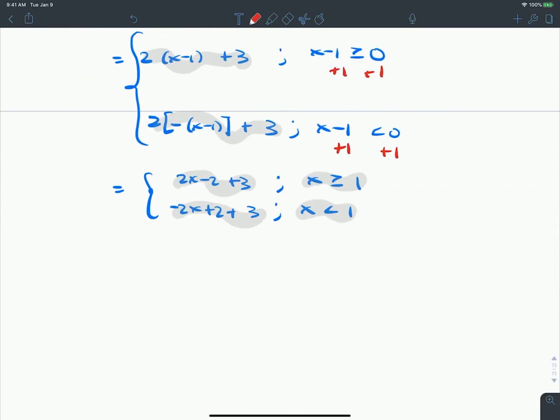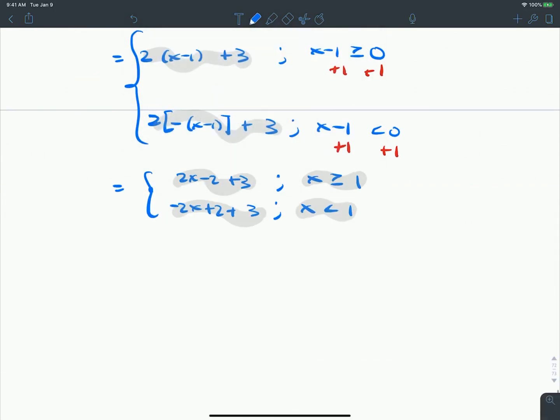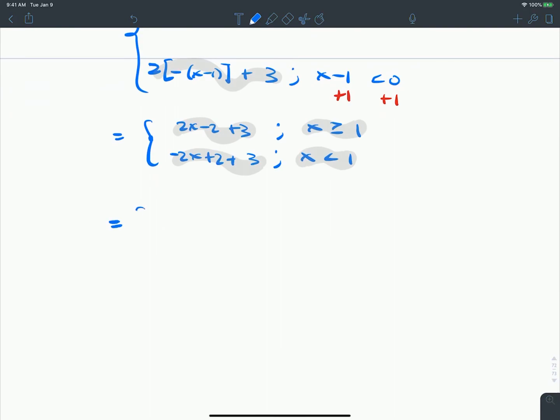So here's what we get. 2x plus 1 for x greater than or equal to 1, negative 2x plus 5 for x less than 1. So this is what we're going to have to integrate.